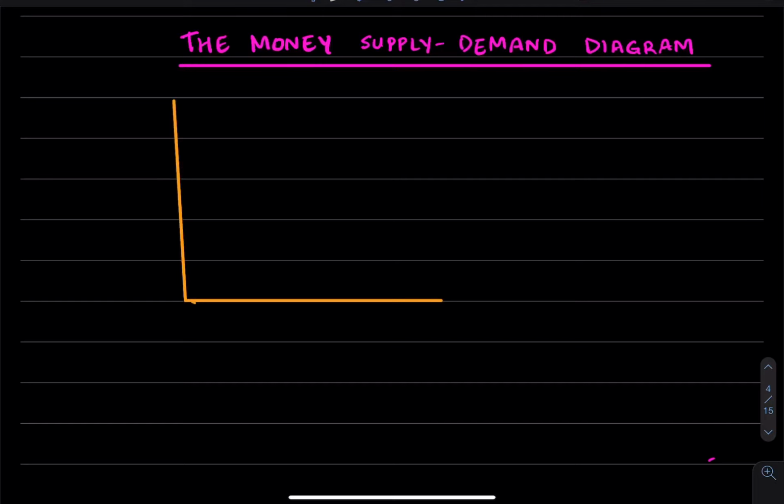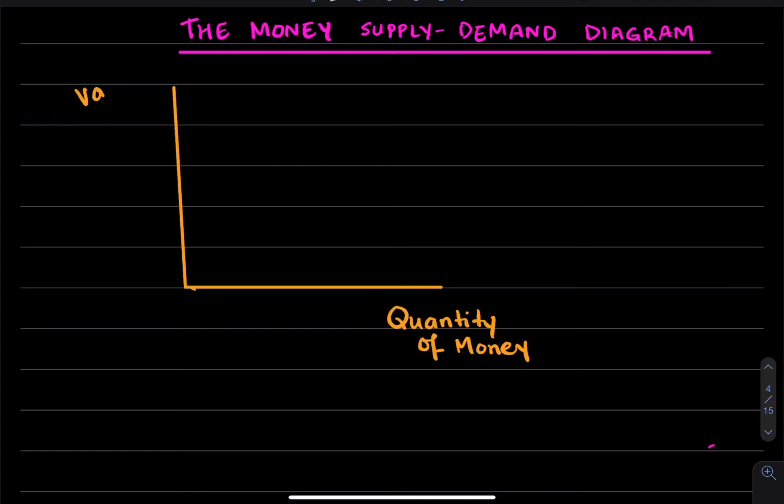Okay, so on our X-axis, we're going to put quantity of money. And on our Y-axis, we're going to put value of money. So again, value of money is defined as 1 over the price level.